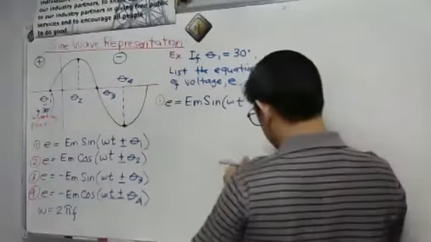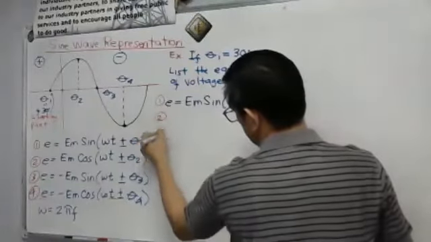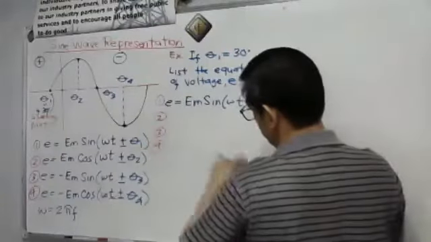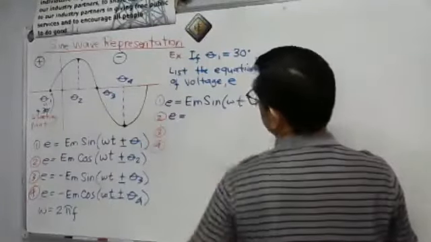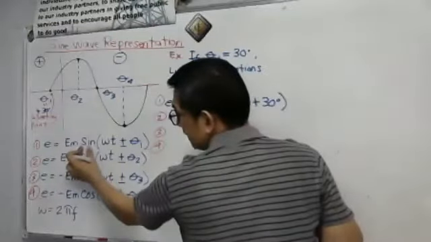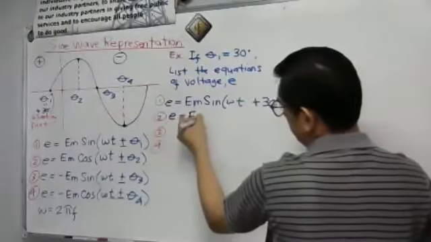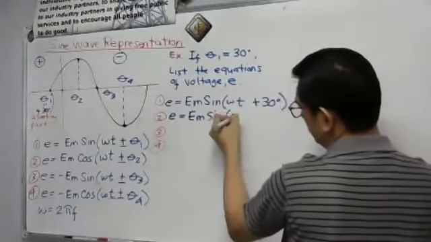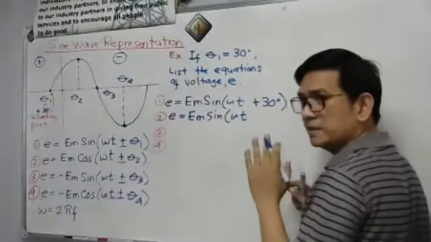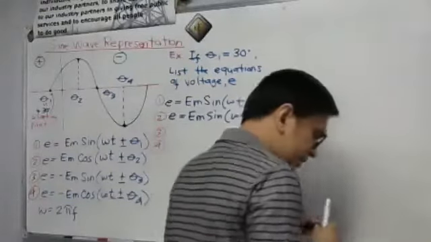What about for numbers 2, 3, and 4? How do we represent our E? From sine, going to cosine. So, E sub m sine omega t. This is the conversion from sine to cosine.